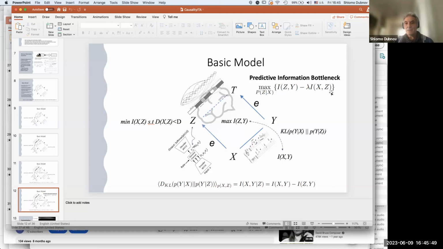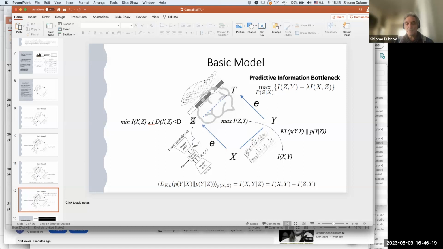Because it's a max, it's a min, with the minus, if you want to go mathematical. This expresses the best compression, the minimal information; the information is positive, but this comes with a negative sign. So you want the smallest representation here: I(X;Z) should be minimal, and I(Z;Y) should be maximal.